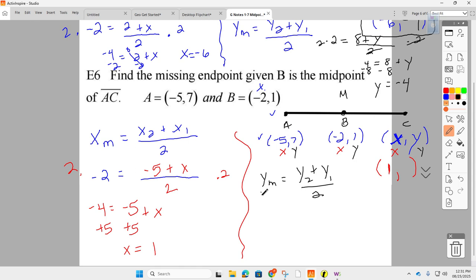Which one is the midpoint, Helen? Yes. So the y for the midpoint is 1. So what do you think we're going to put in the top here? 7 plus x. Perfect. And 2 is always in the denominator.